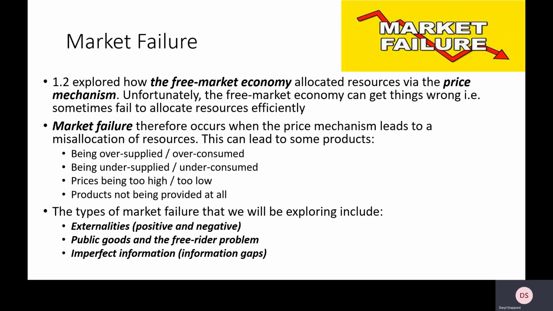Right, so let's think first of all about what a market failure actually is. In 1.2 of the specification we were exploring the free market economy. So we were looking at how supply and demand will interact within a market to determine the price and the quantity in that particular marketplace. What we learned was that when people consume, they're doing so to satisfy wants and needs.